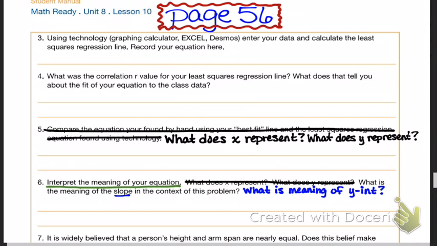So I'm just giving us some more space to answer part of question 6. What does X represent? What does Y represent is what we're putting in the place of number 5. And question number 6 says to interpret the meaning of your equation. So we want to describe what the slope means, but then I also want to describe what the y-intercept means.